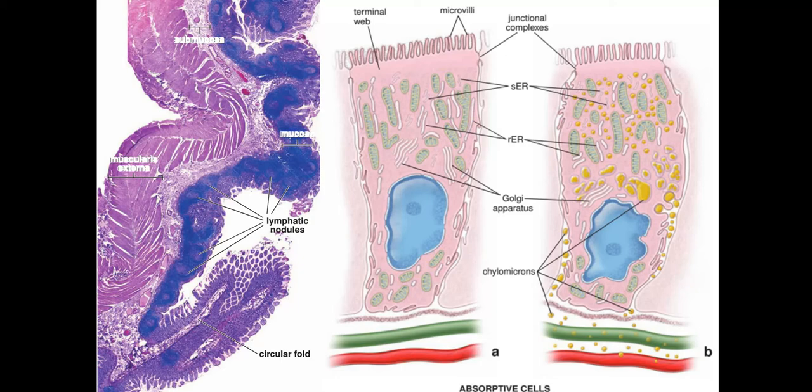So we have to envelop it in something water soluble, and the best envelope for lipids is proteins, of course. And proteins are produced on the rough endoplasmic reticulum, which is present here, so it's marked here.